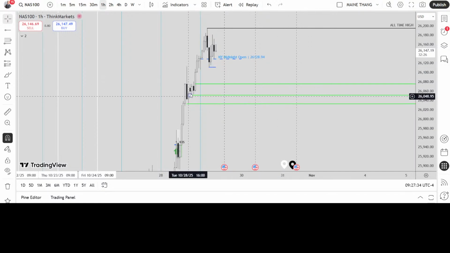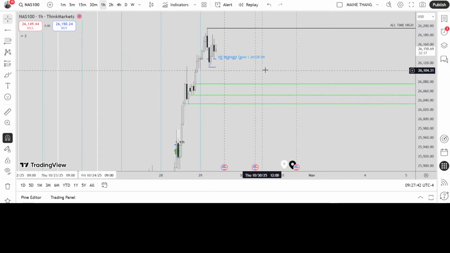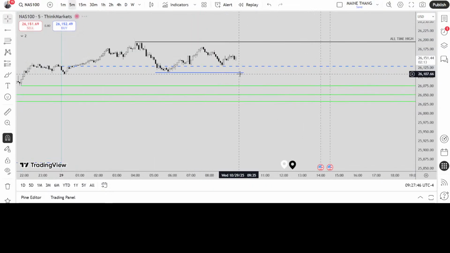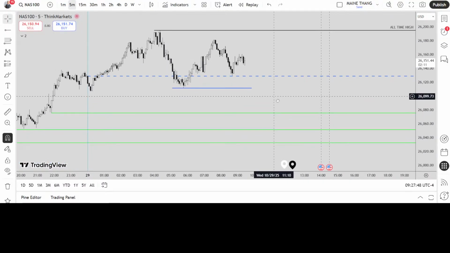Look at the 1 hour. It's going up. It does retrace. Good retrace to the 1 hour demand zone here, which is all these targets. But let's not get ahead of ourselves. Let's wait and see what price does.